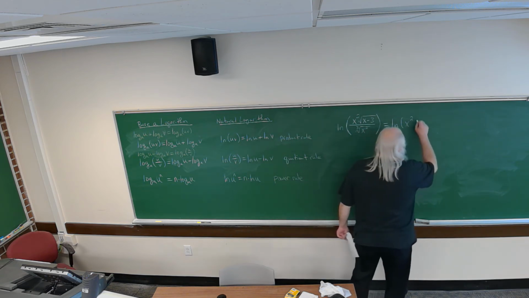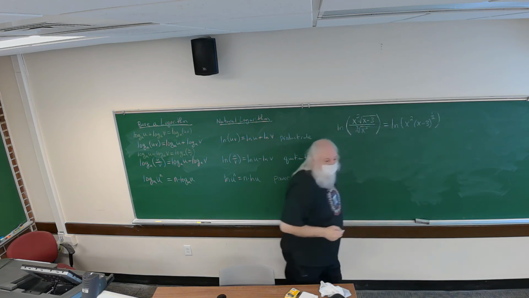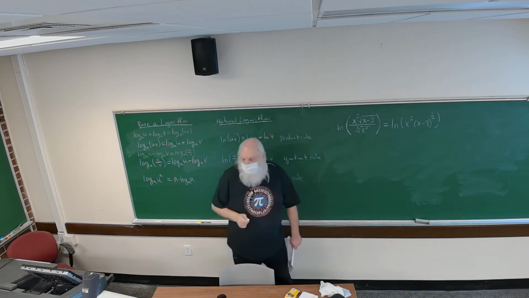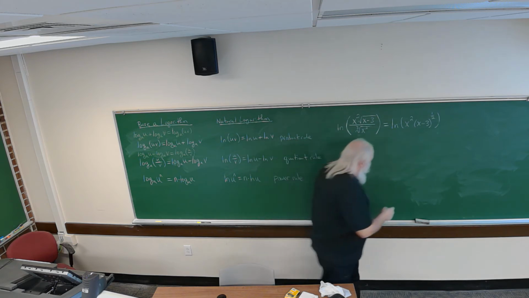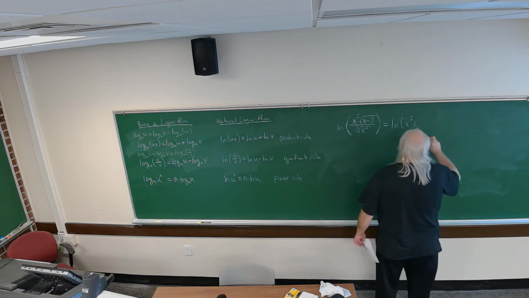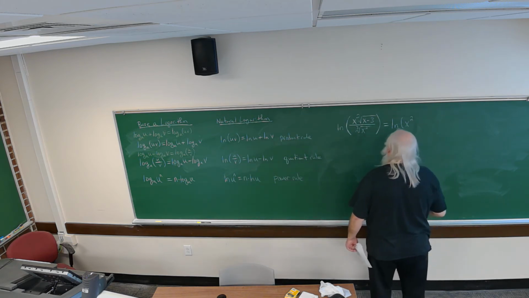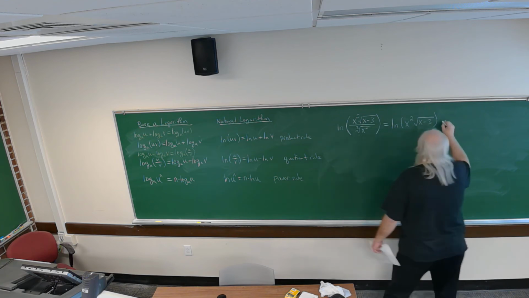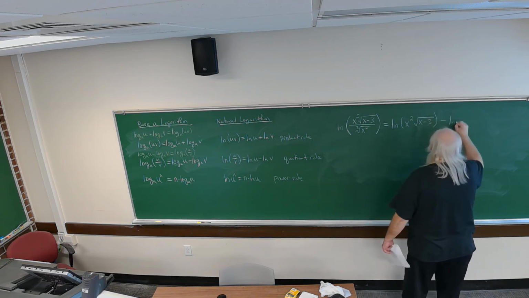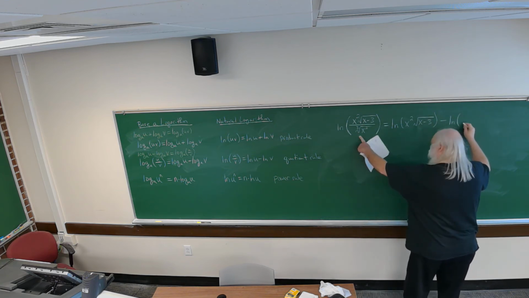The square root of x minus 3 can be written as x minus 3 to the 1/2 power. Actually, you know what? I'm going to save that. We're going to do that in the next step. So we'll leave it as square root of x minus 3 for now. And then we subtract the natural log of the denominator.